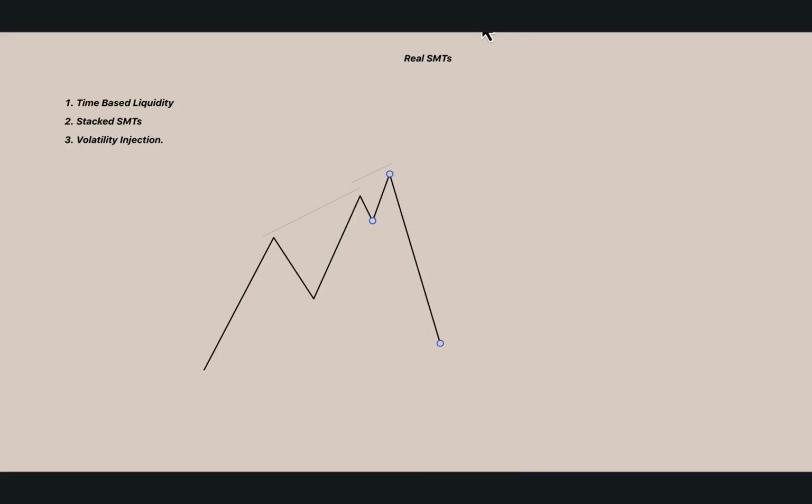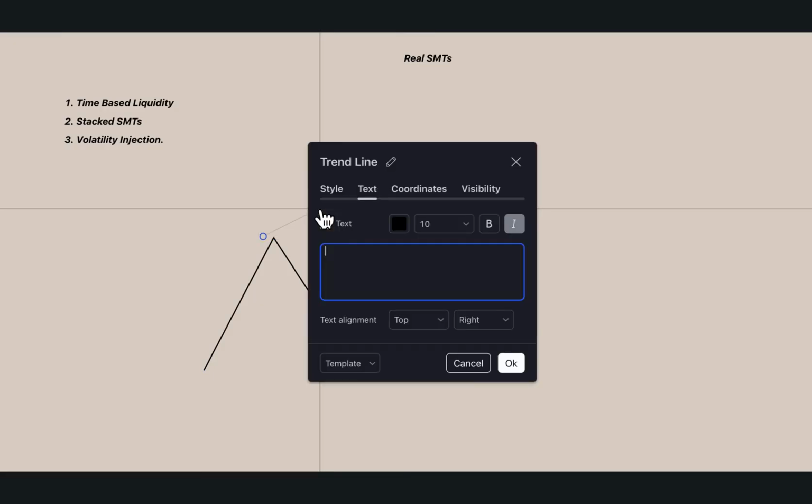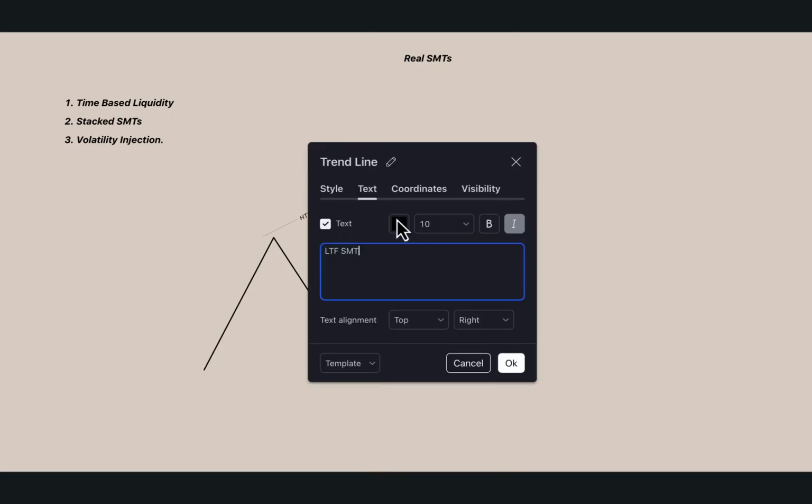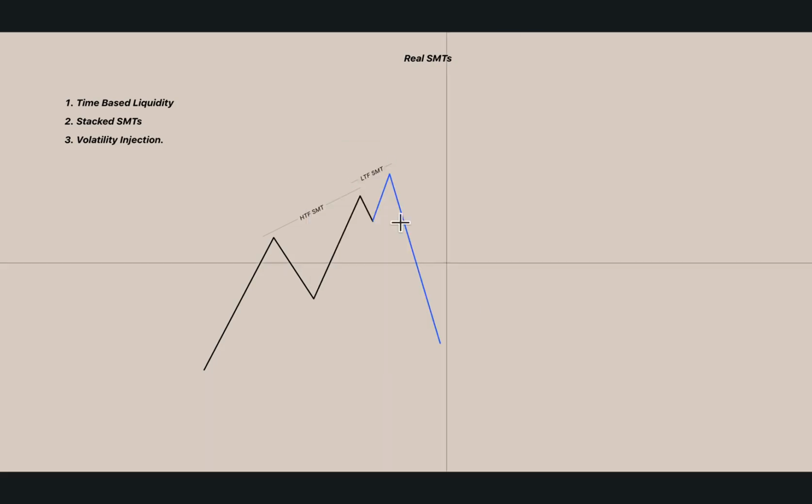So I'll just make the second price line a different color so you can tell that this is the lower time frame price action. So a higher time frame SMT plus a lower time frame SMT. And so that is stacked SMT. And whenever you have stacked SMT, this becomes extremely high probability.